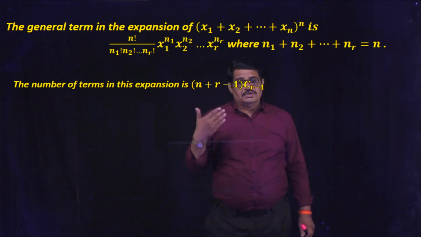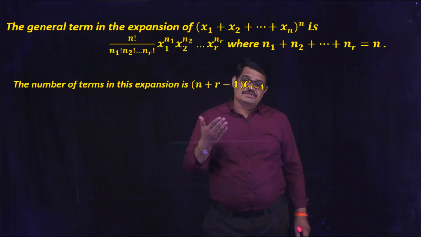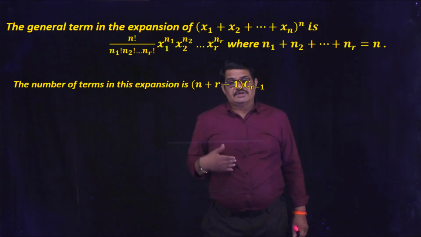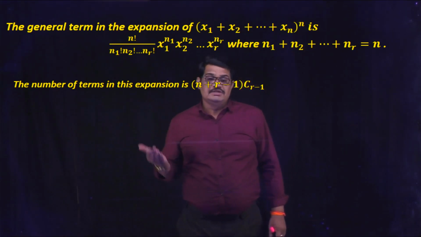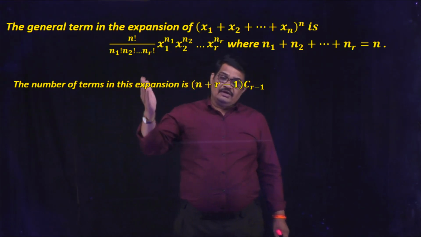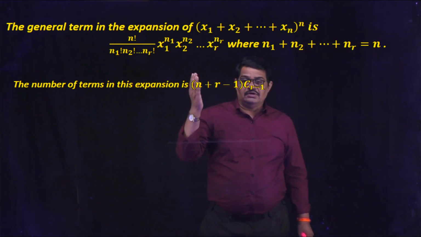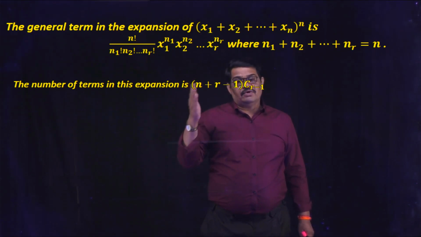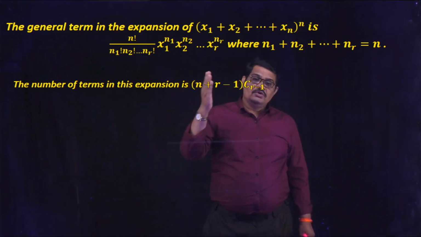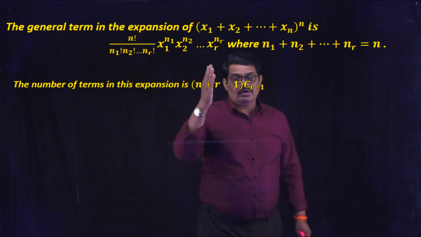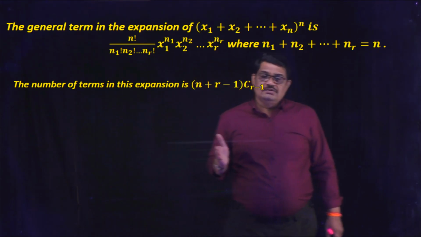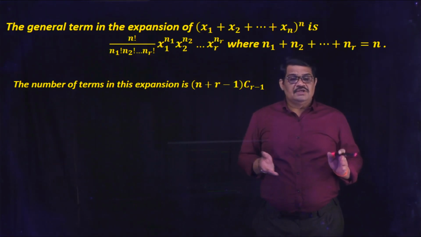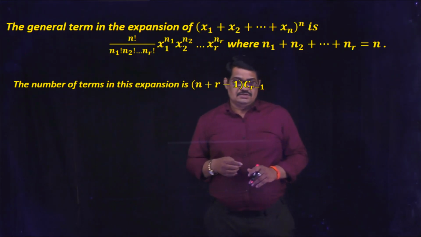In that expansion the general term is n! / (n1! n2! ... nr!) times x1^n1 x2^n2 ... xr^nr, where n1 + n2 + n3 + ... + nr is equal to the index n.